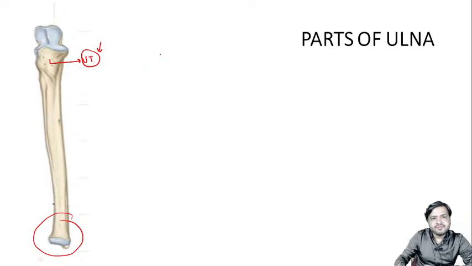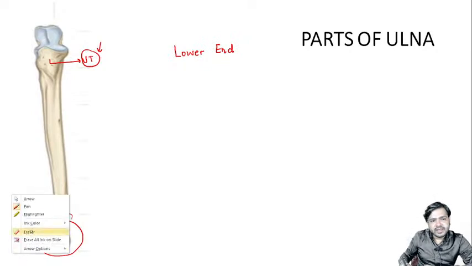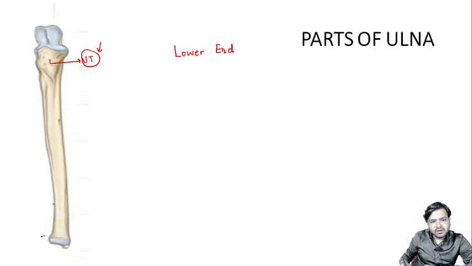So today I will be focusing on the lower end of the ulna, and remember about the lower end, guys, if you just see over here, the lower end is small as compared to the upper end. The upper end is large, but when I compare it with the lower end, it is smaller.